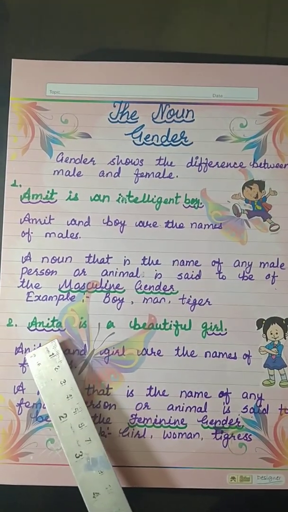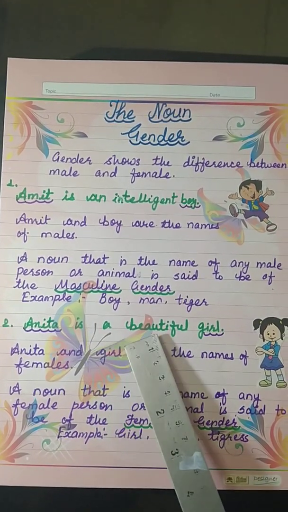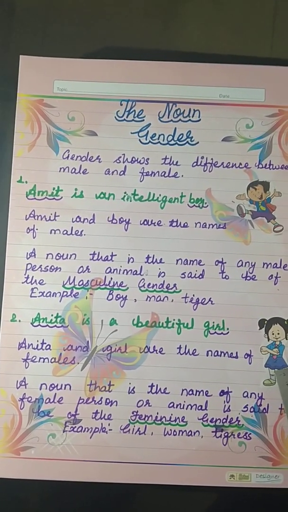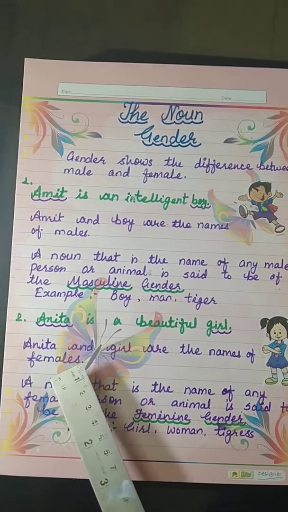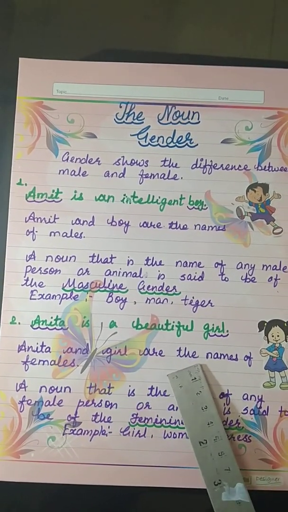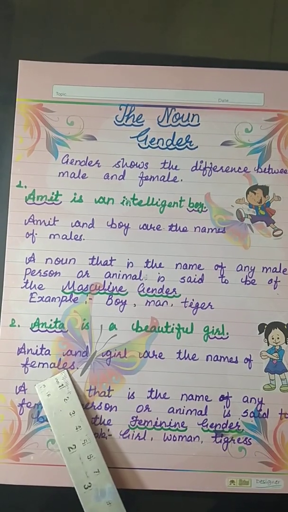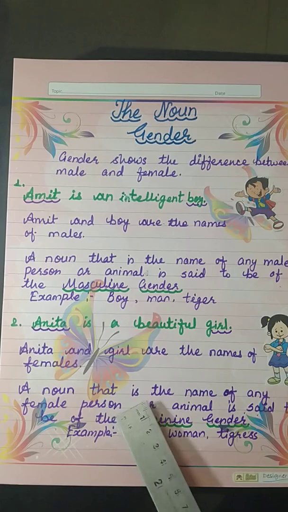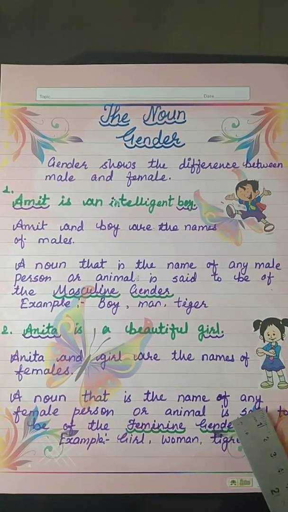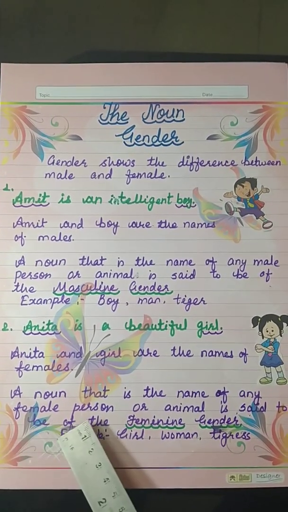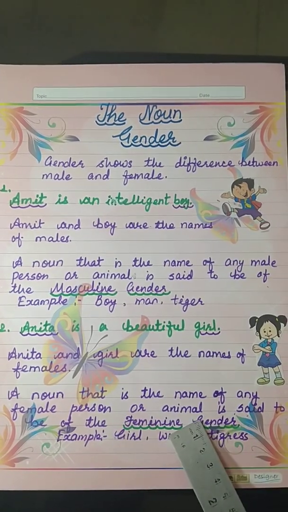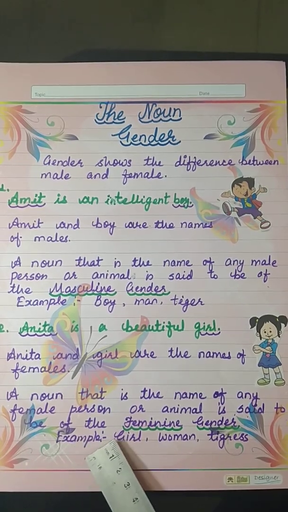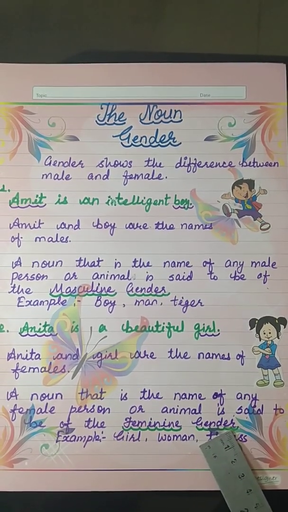Now second, Anita is a beautiful girl. You can see here is the Anita and she is a girl. Anita and girl are the names of females. Means a noun that is the name of any female person or animal is said to be of the feminine gender.